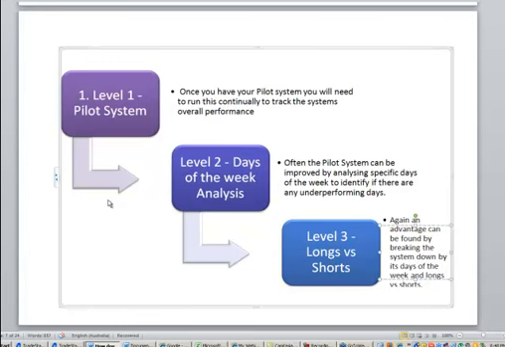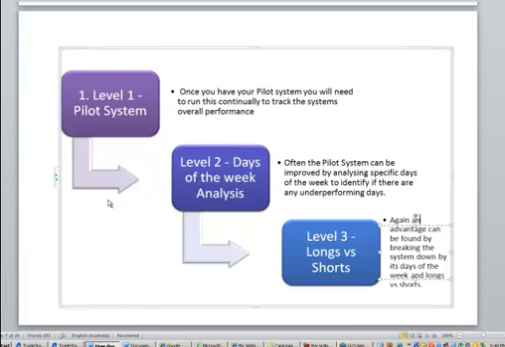You need to run this continually to track your system's performance. So whether you're running TradeStation, MultiCharts, Ninja, MT4, you really need to run your system as you've tested it up. So basically run your system, and that becomes your pilot system, and you track that constantly. So that's always being tracked.